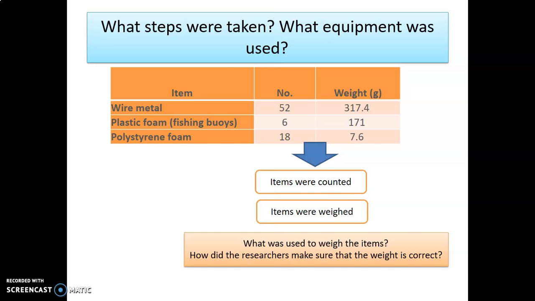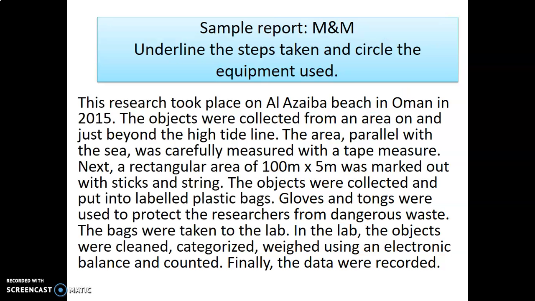All right, so you can take a look at the sample report. This is the methods and materials section of the sample report. Well, not completely, it didn't fit in, but this is the part of it. So what you need to do is read it and underline the steps taken and circle the equipment used. So you underline the steps and you circle the equipment.